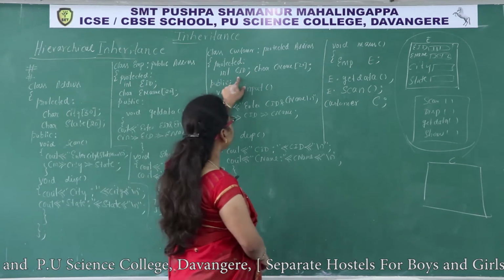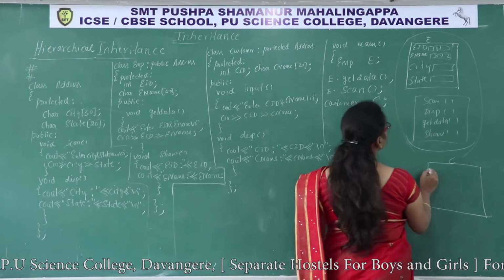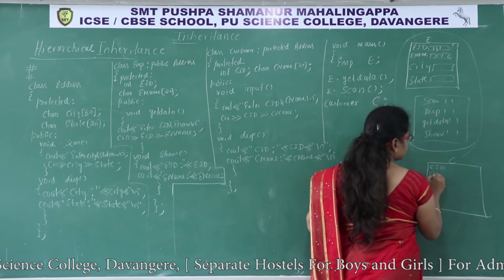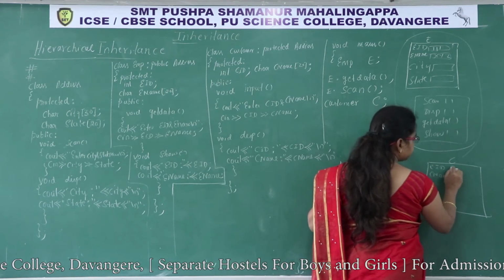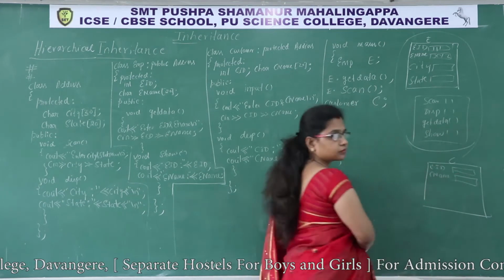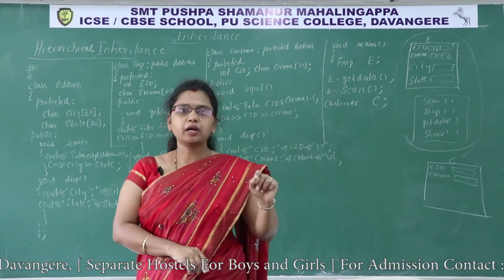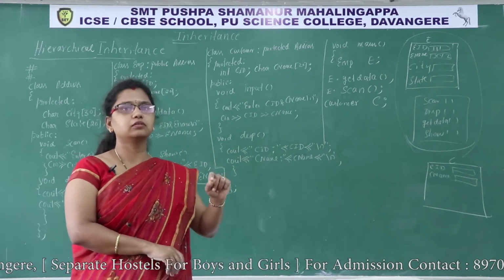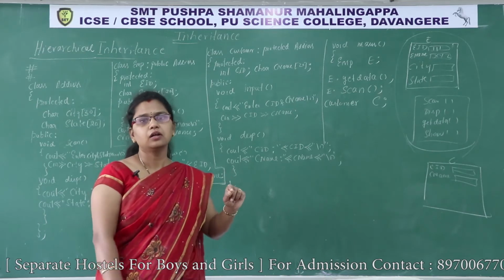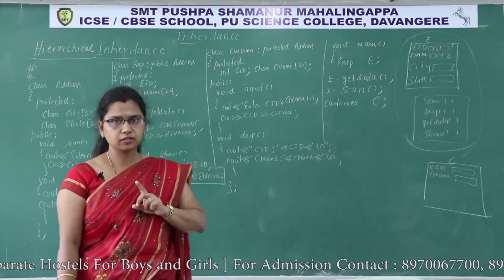Customer ID and customer name. You all know every object has its own data member memory allocation, but there is only one set of member functions.